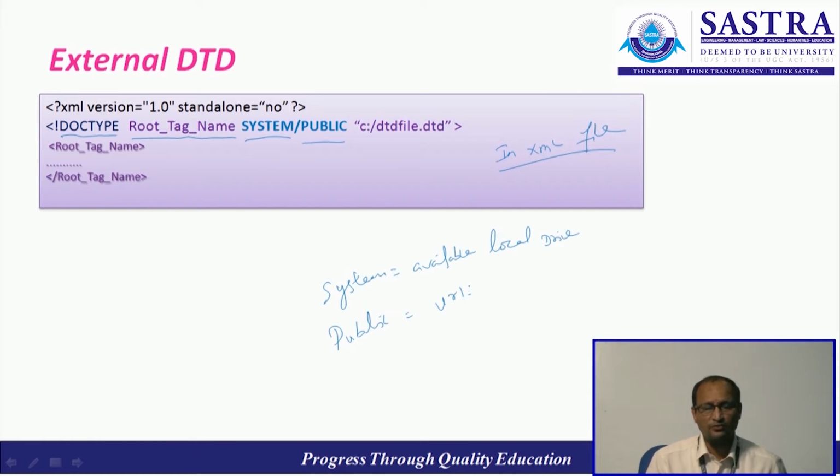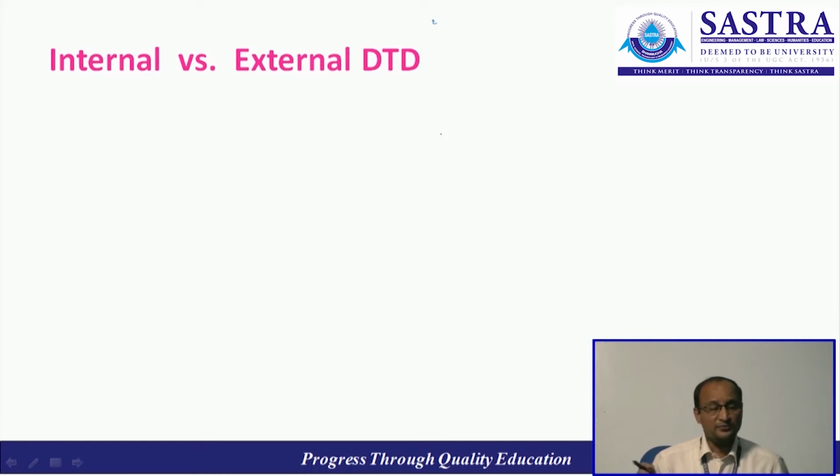In the sense, we can go for a public URL. SYSTEM and PUBLIC are the two keywords for associating an external DTD. In this example, I kept my file in C drive and the file name is dtdfile.dtd.